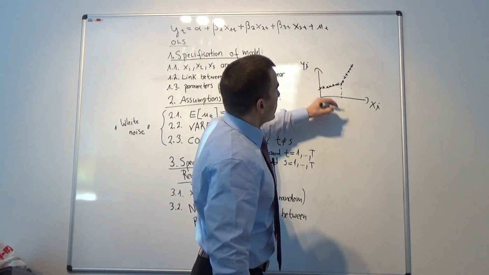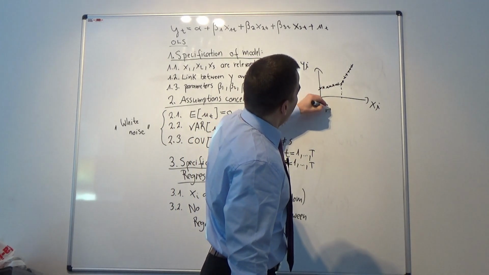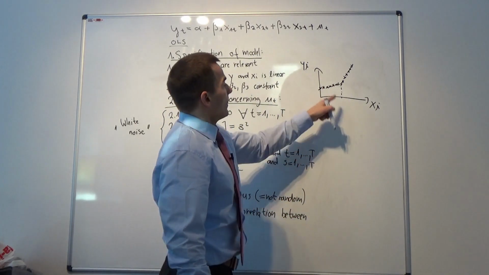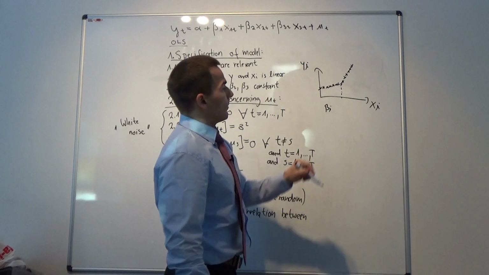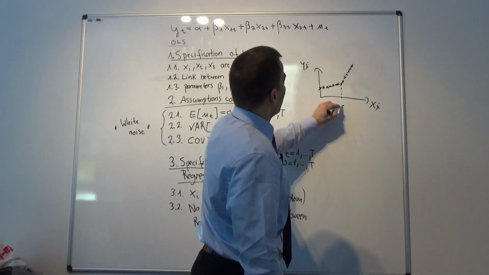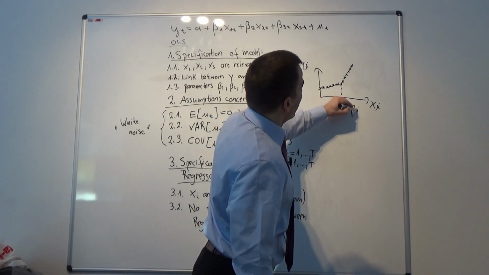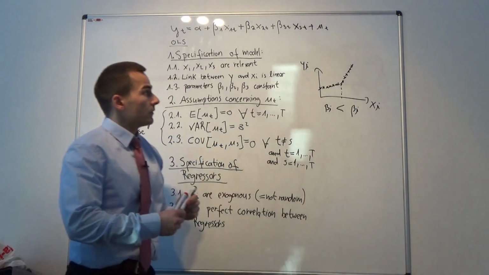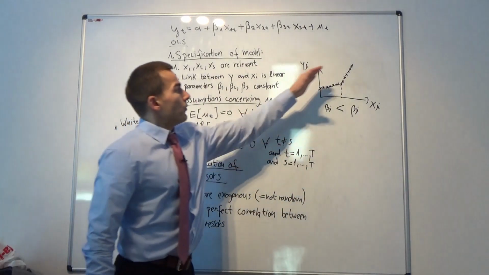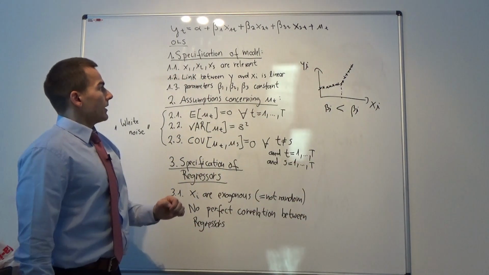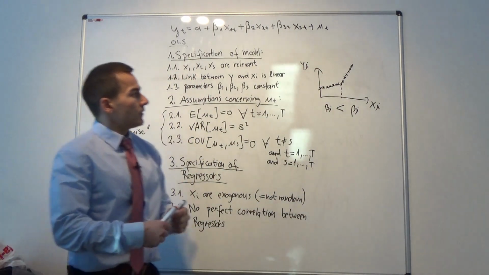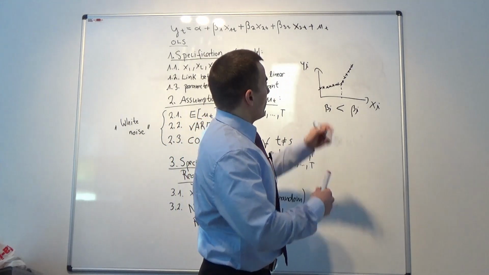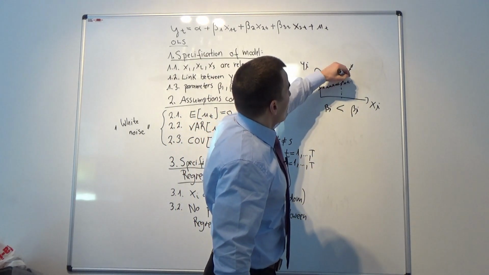So the beta i in the first sample is obviously smaller than the beta i for the sample that follows. What we have here is a structural break in the parameters. But what we want is that the parameters are constant, that the link is constant.